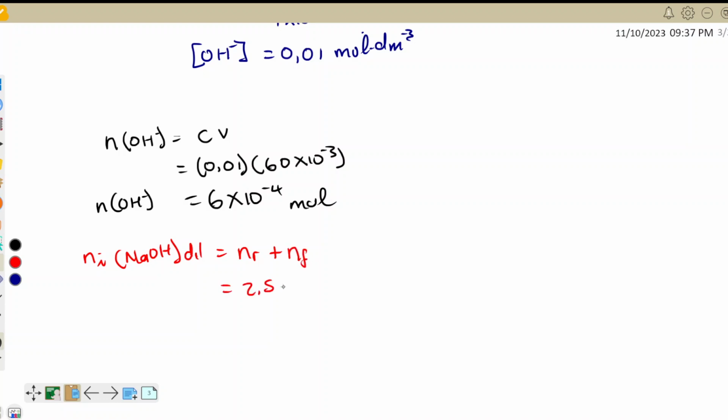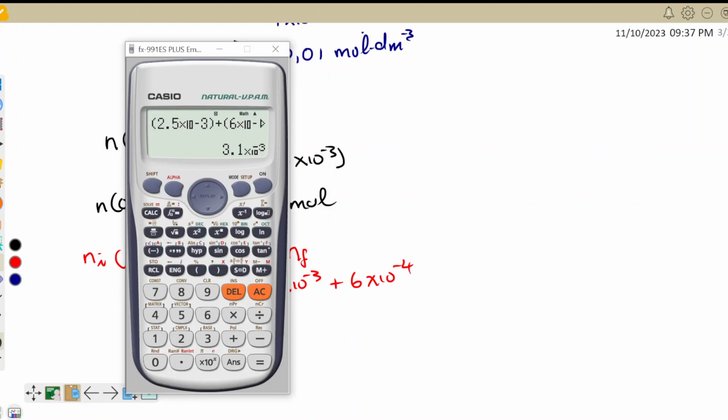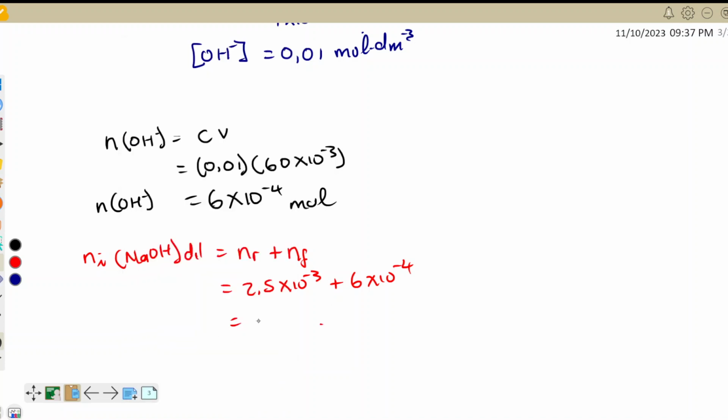So this is 2.5 times 10 to the power negative 3 plus 6 times 10 to the power negative 4. When you add the two, you get 3.1 times 10 to the power negative 3 mole.